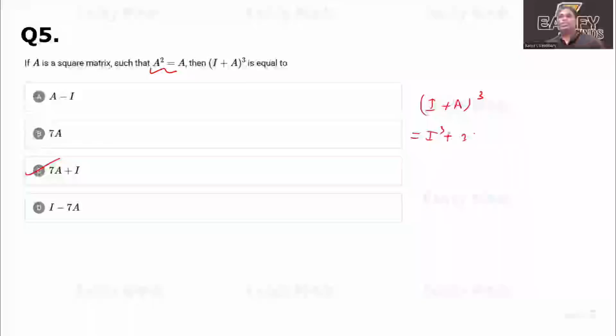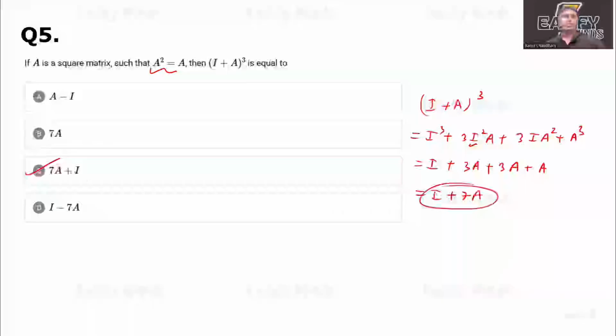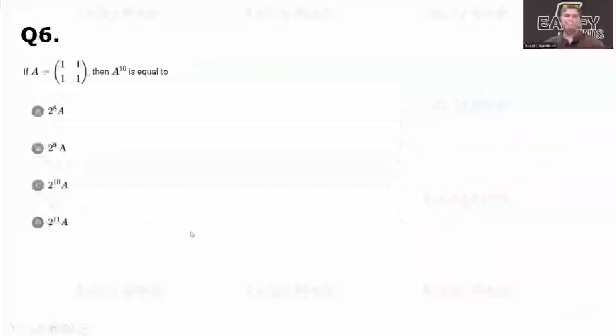That is I cube plus 3 I square A plus 3 I A square plus A cube. I cube is I, I square into A is A, A square is A so A into I is A, and A cube is also A. So we are getting I plus 7A. That is option C. Clear?